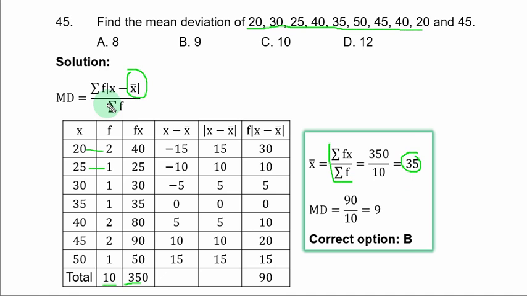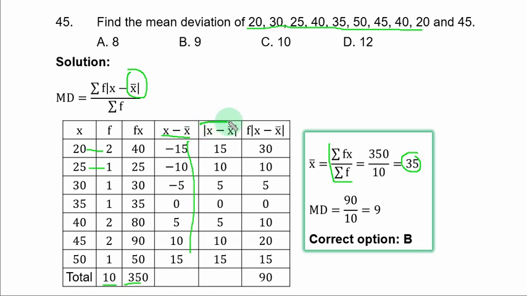So for the mean deviation, you have to calculate x minus x bar first. So you have 20 minus 35, that is minus 15. So you subtract the mean from each value of x, and that gives you this column. Next is to take the absolute value.